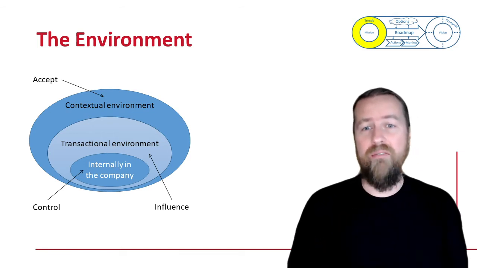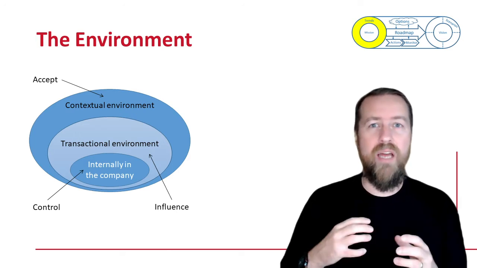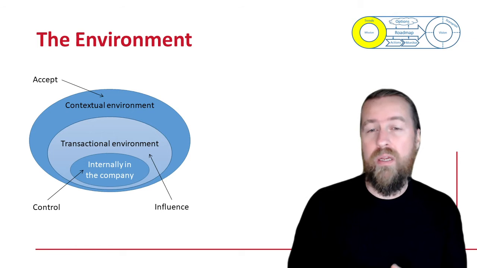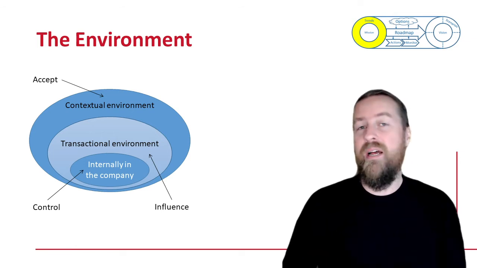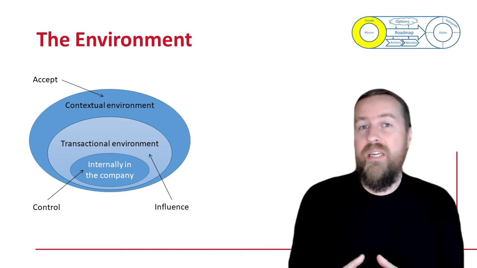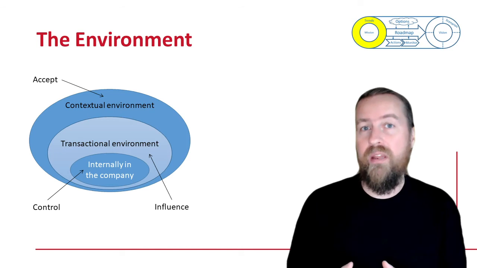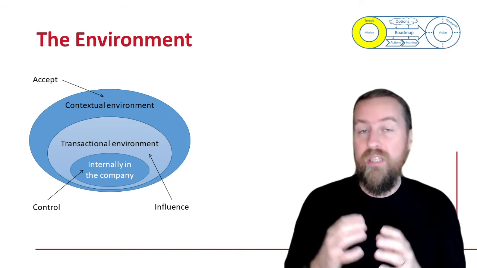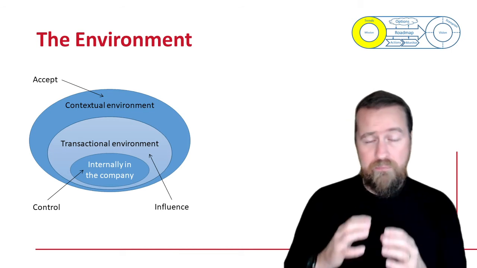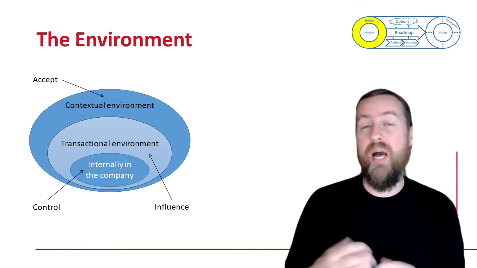The last level is the contextual environment, or the context that the company operates within. This is something that they need to accept. Acceptance is the key word, because we cannot do anything about it. If we could do anything about it, we moved it down into the transactional or even internally in the company. The contextual environment is often described by the use of a PESTLE model.